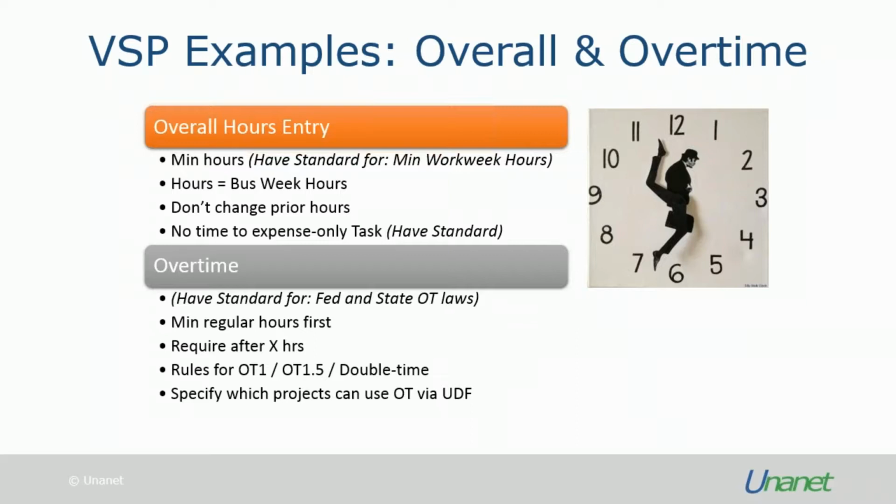Those things don't need to be manually checked; we have already created a standard VSP for that, and any client who needs it can straight away use it. We configure it according to your Unanet settings, and you're good to go.